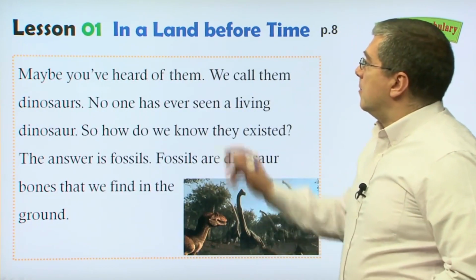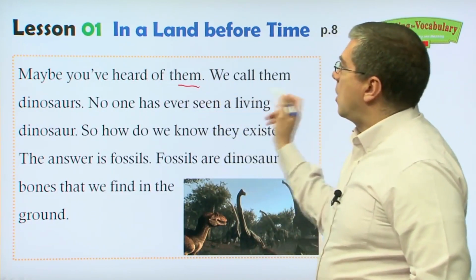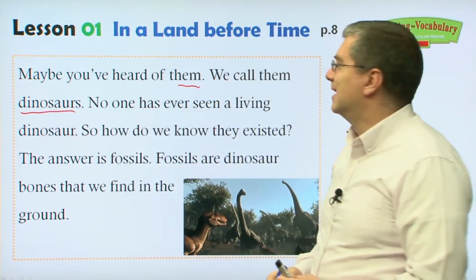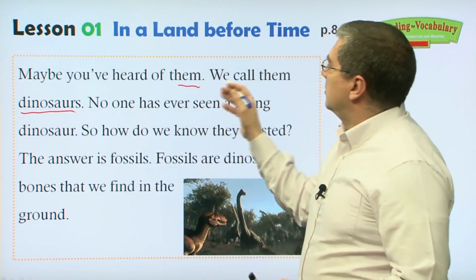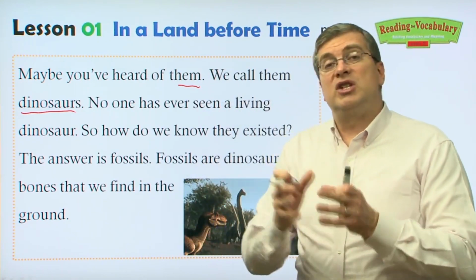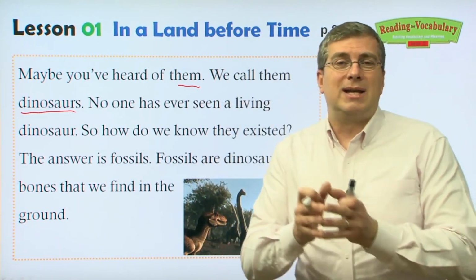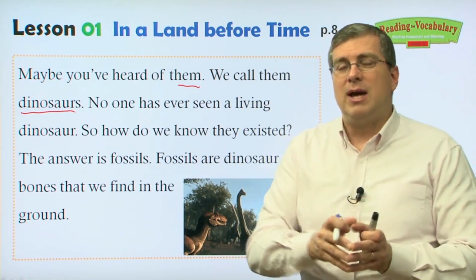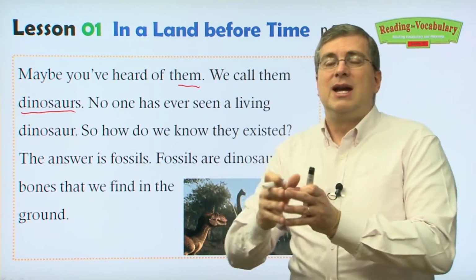Okay, maybe you've heard of them. We call them dinosaurs. Of course, that's what I've been calling them already in this reading. The beginning of this reading passage was just kind of defining what dinosaurs were and when they lived. So 200 million years ago, and then for about 150 million years, they lived.